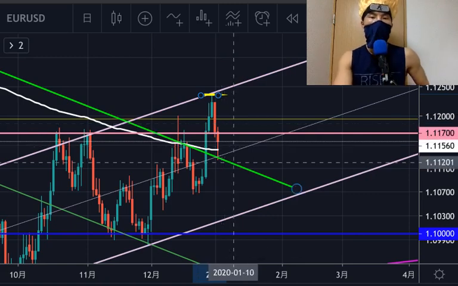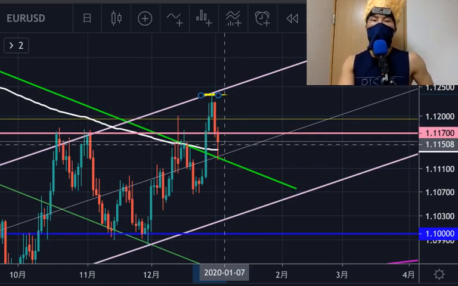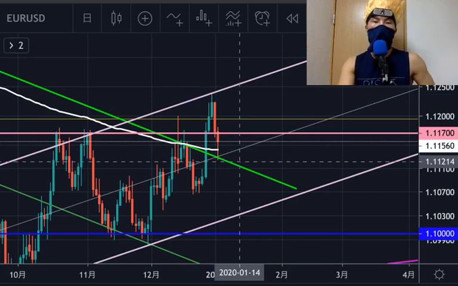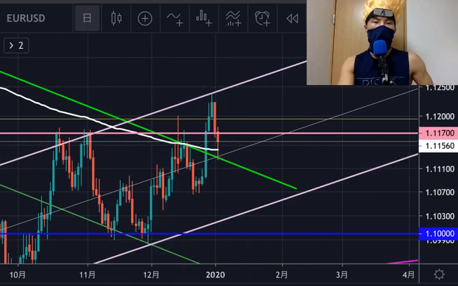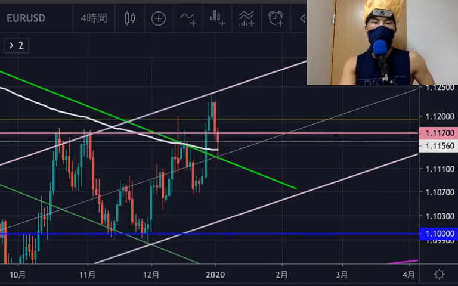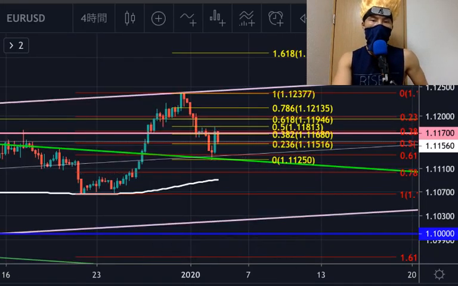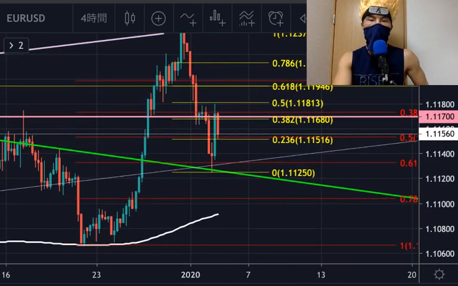The possibility, I'm not sure, is about 60% for continuing downtrend, and 40% for the trend changing to go up. It is my opinion. Let me show you the 4-hour chart for explaining my opinion.